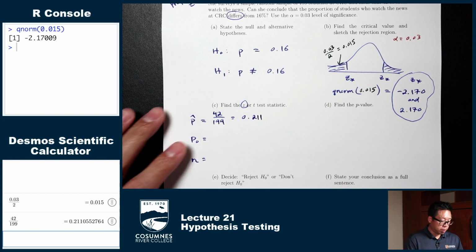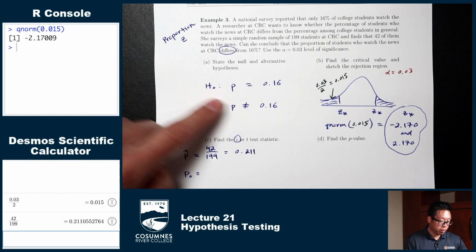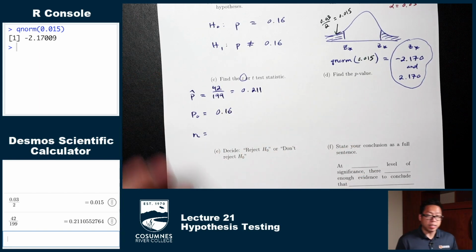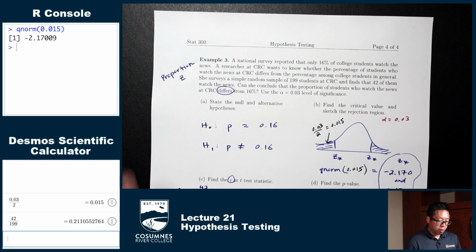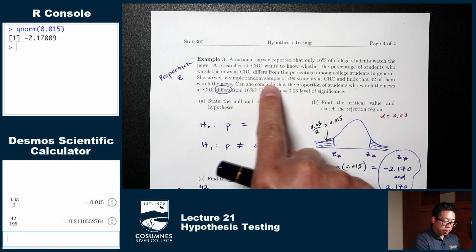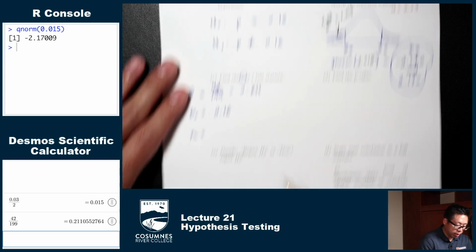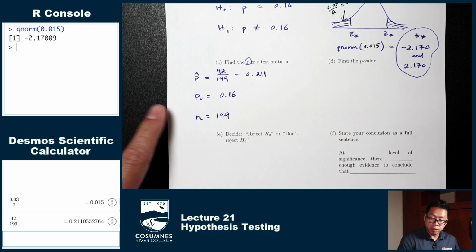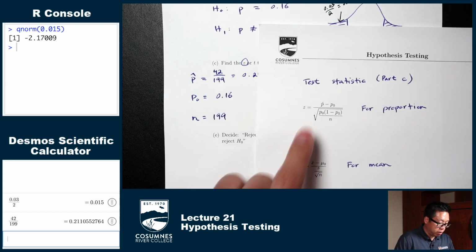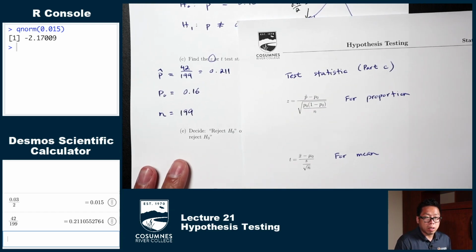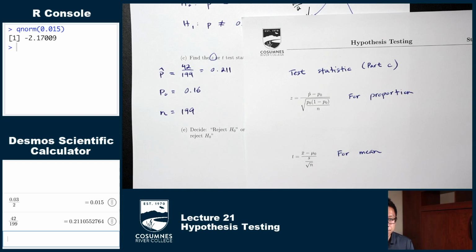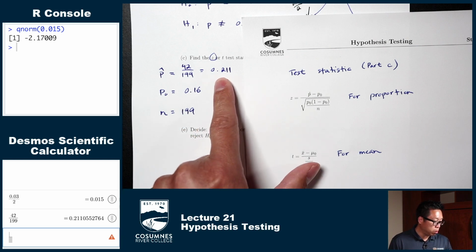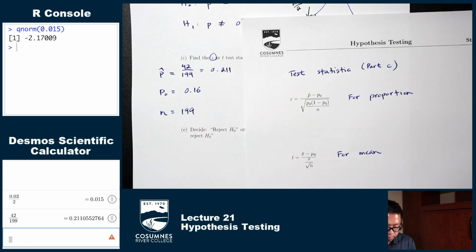P0 comes from H0, the proportion that we used there, which was 0.16. And then N is our sample size, how many people total. Our simple random sample was 199 students total, so 199. Plug into the Z formula. In Desmos, start off with a fraction. Up top, P hat minus P0, that's 0.211 minus 0.16.